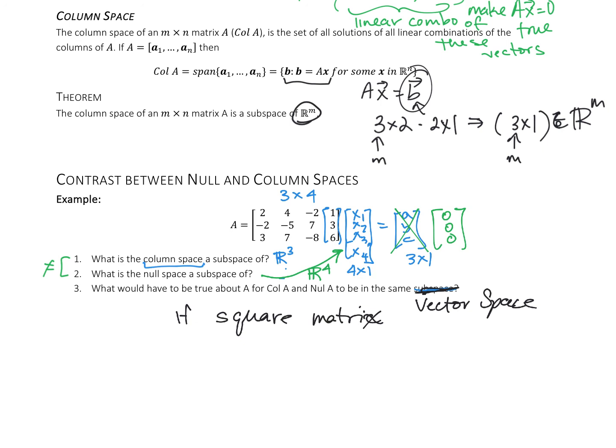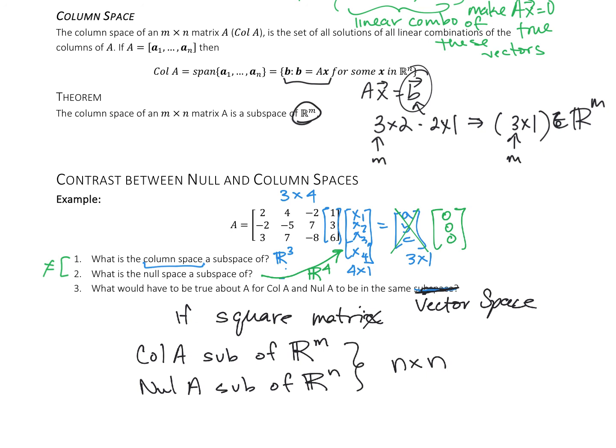Okay. We said that the column space of A is a subspace of Rm. The null space of A is a subspace of Rn. So if my matrix is an n by n matrix, then both of these things become Rn.